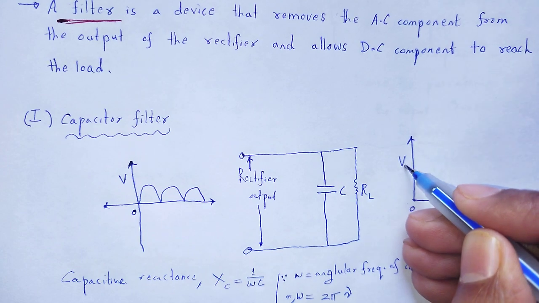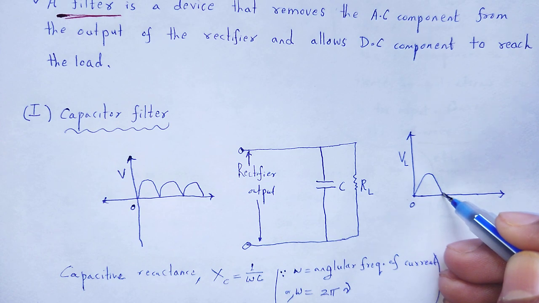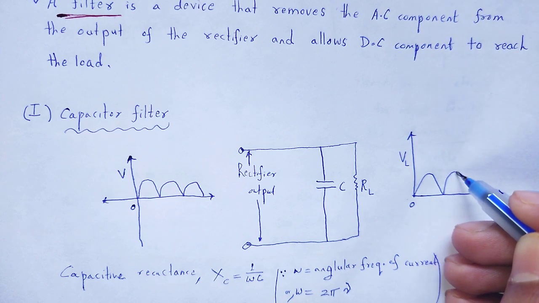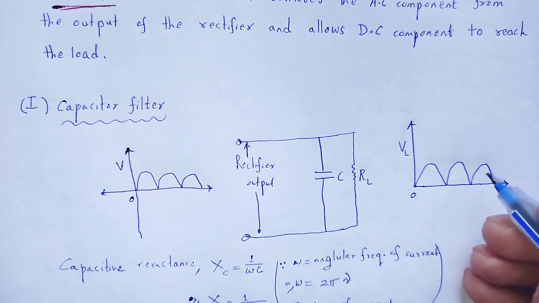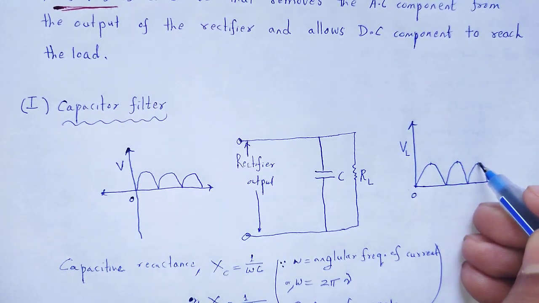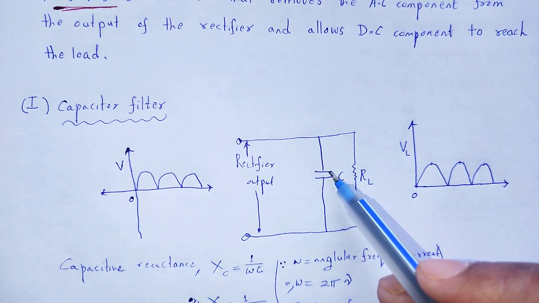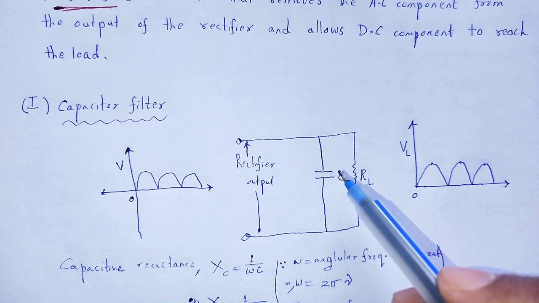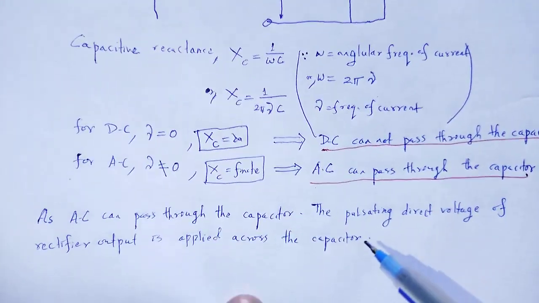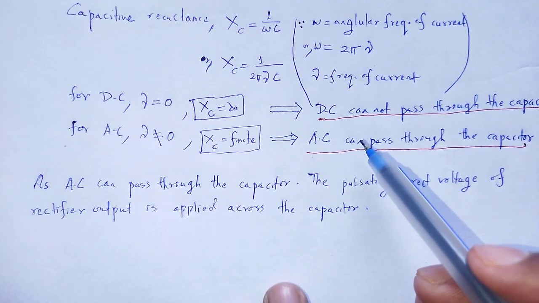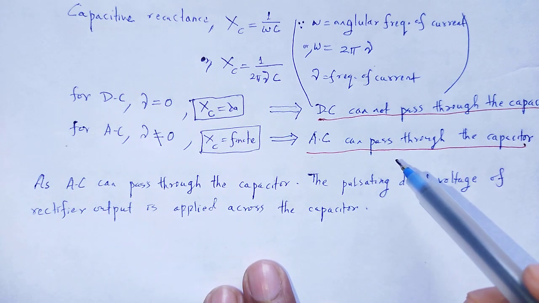This is the load voltage, this is the rectifier output, that is the peak. But when we apply the capacitor filter, it opposes the flow of DC and only allows the flow of AC.